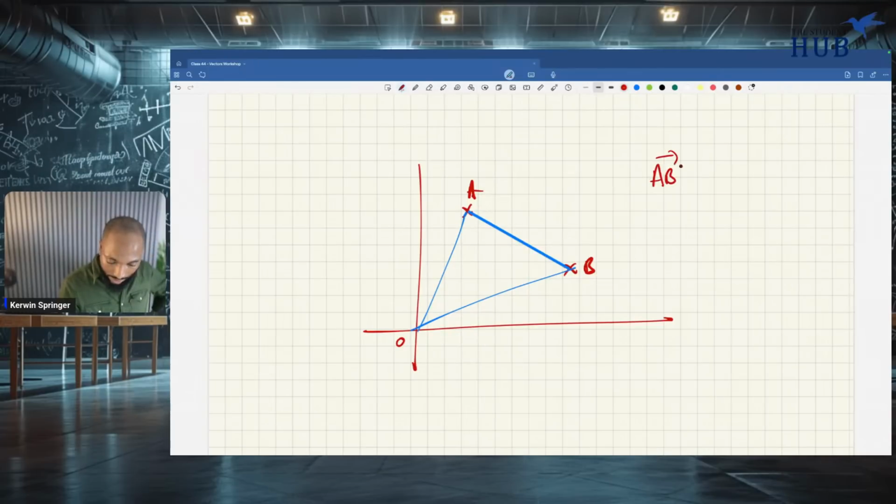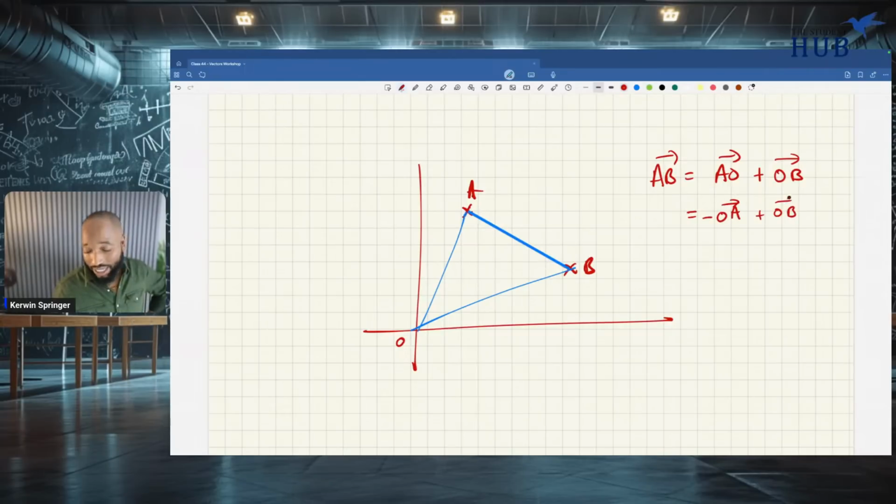AB is the same as if I go from A to O, then add O to B. So where does the minus come from? A to O, I really want O to A, but I had to go A to O. So we just switch around to O to A, and that means you're going backwards.